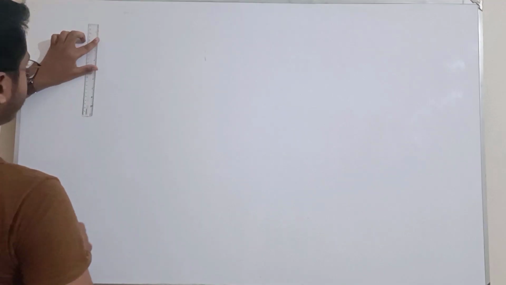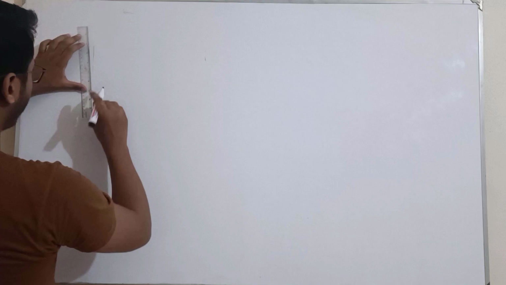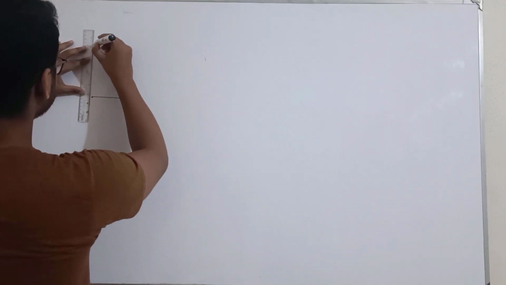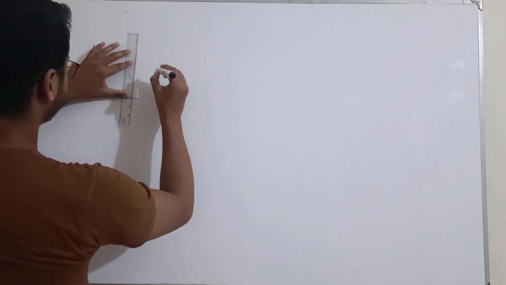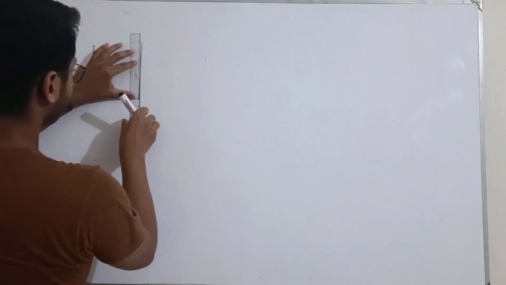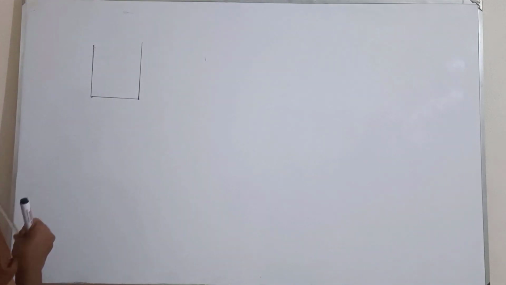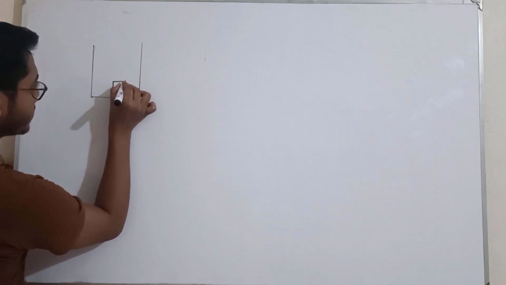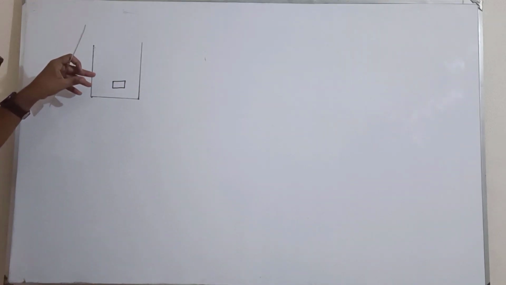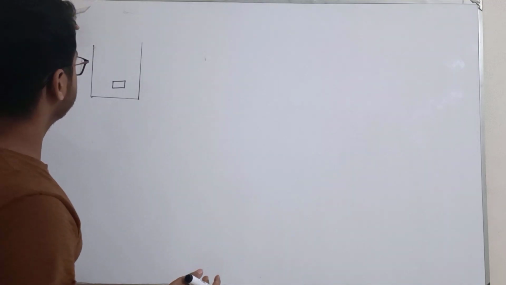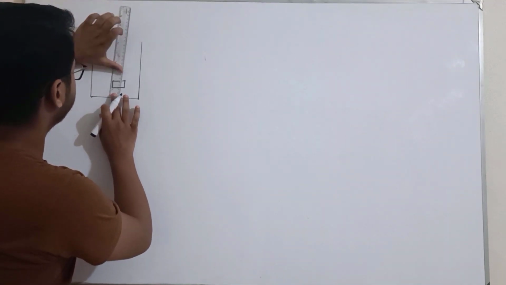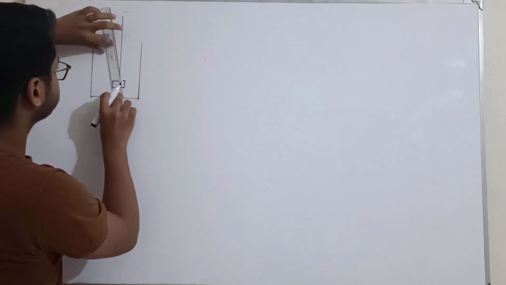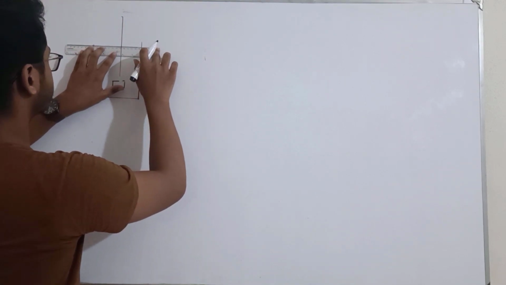So let's continue. If I have a well, a pond, we can say, and suppose we have an object here, and someone outside of the pond is looking at this object. Let me draw a perpendicular line here, and this is our surface.